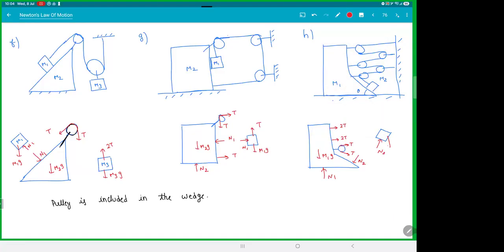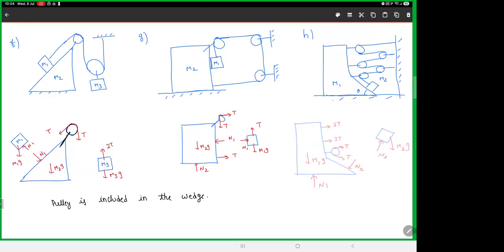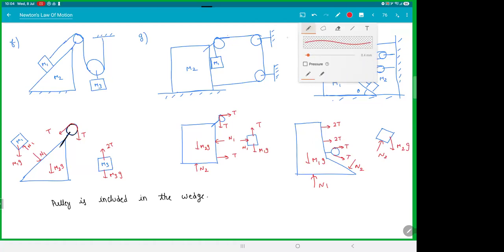This is N2 and this is M2G. So you will have a tension at an angle here. If you have a pulley attached to the wedge with a rod, you have to include the pulley.